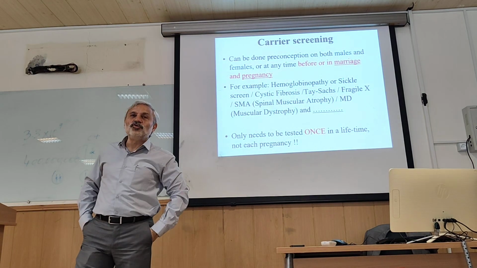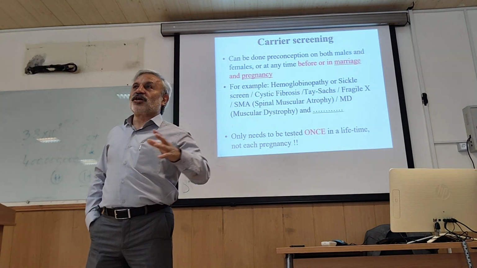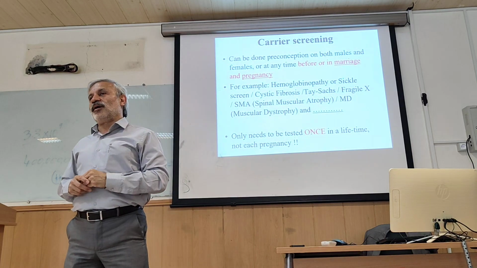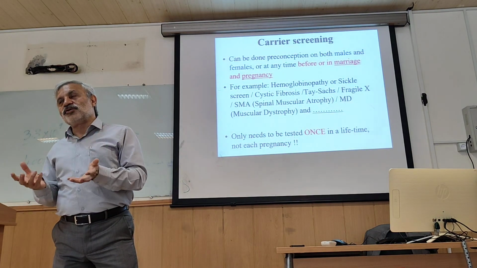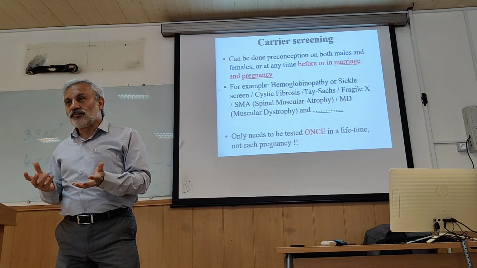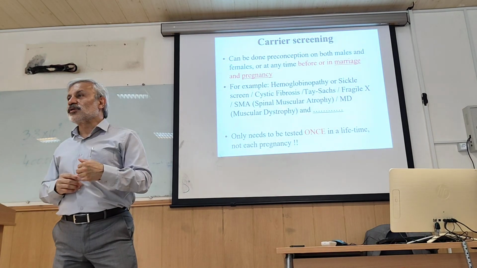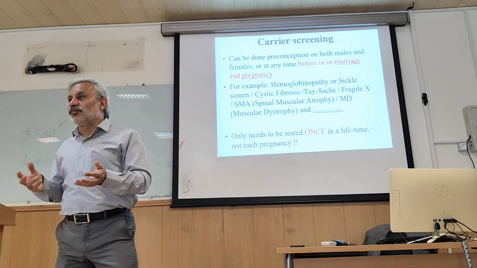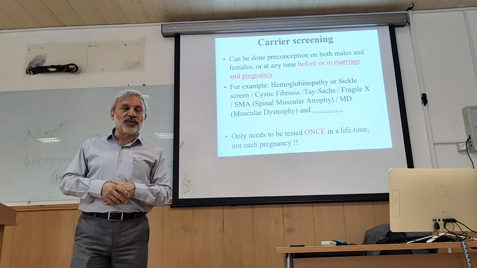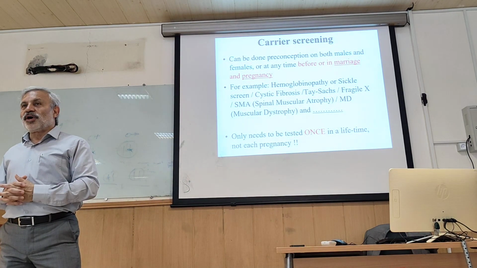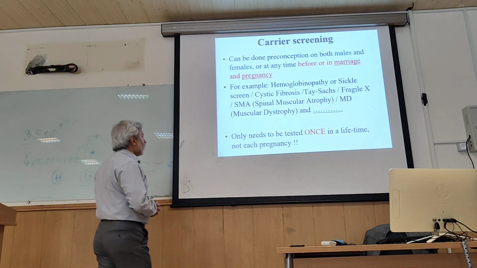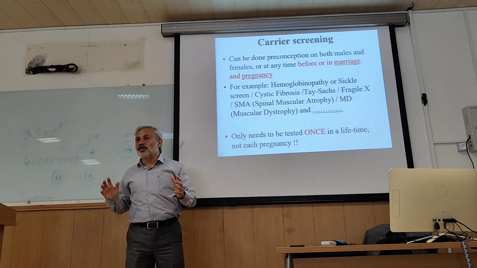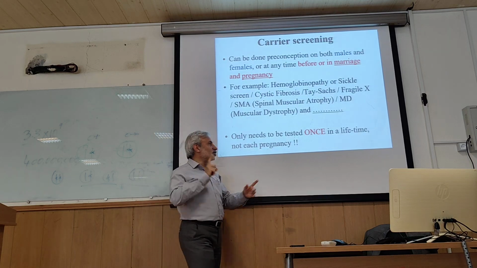How many times do you go for a checkup or lab test, for example your blood sugar? Many times. Or creatinine, or BUN, or bilirubin, many tests in your blood, many times. But for carrier screening, for a genetic test, usually you do it just once.